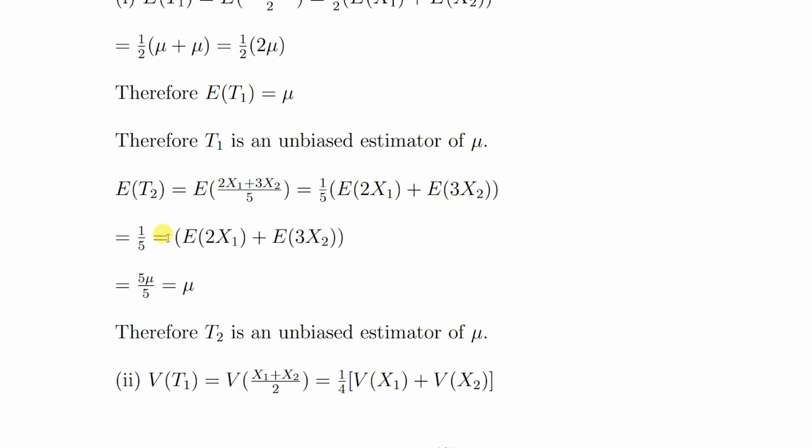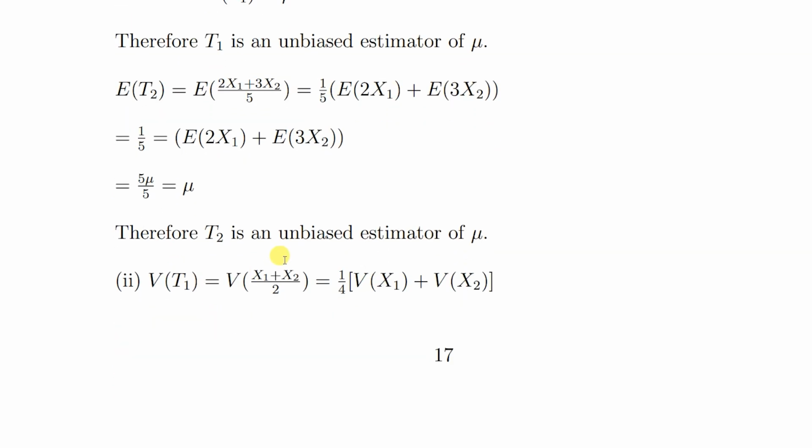That is 2 into expectation of x1 plus 3 into expectation of x2. Expectation of x1 is equal to mu and expectation of x2 is equal to mu, so 5 mu by 5 is equal to mu. Therefore, T2 is an unbiased estimator of mu.